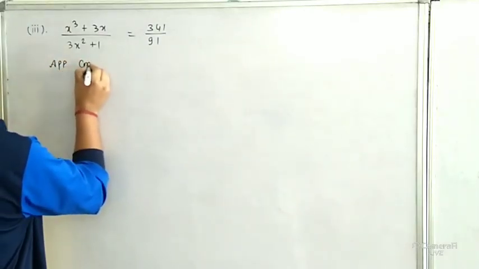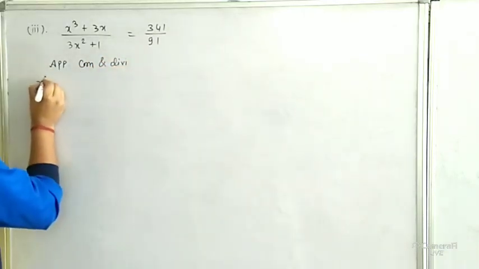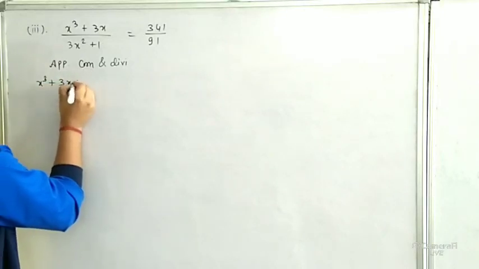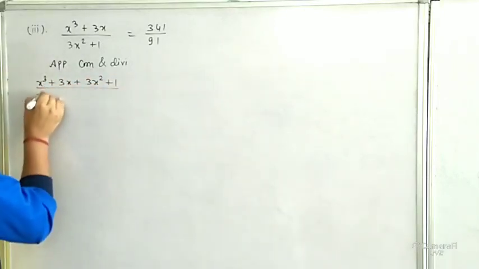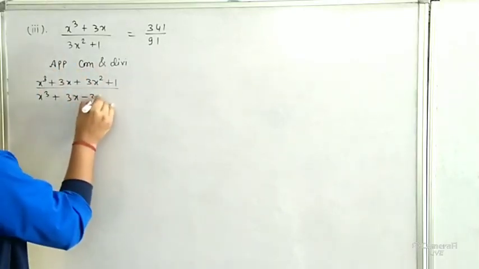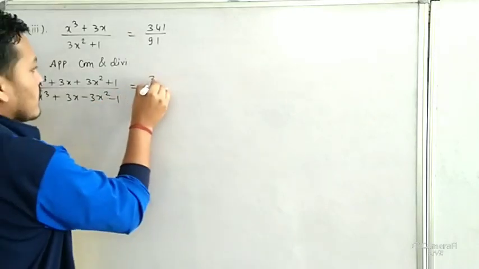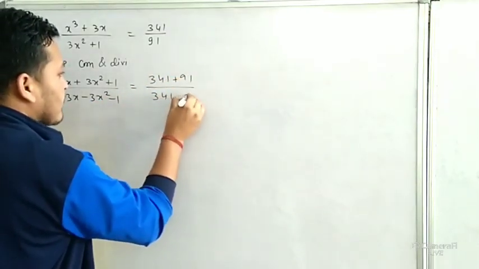Applying componendo and dividendo, it becomes x cube plus 3x square plus 1 upon x cube plus 3x, then minus sign, minus multiply, so minus 3x square and minus 1 is equal to 341 plus 91 upon 341 minus 91.